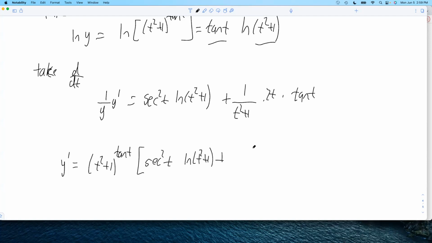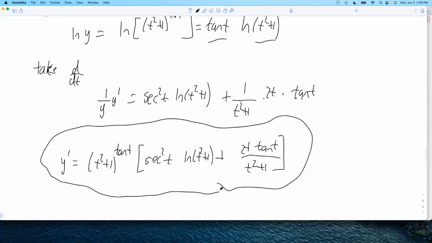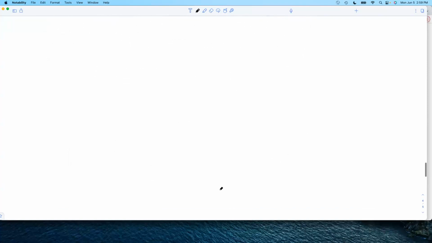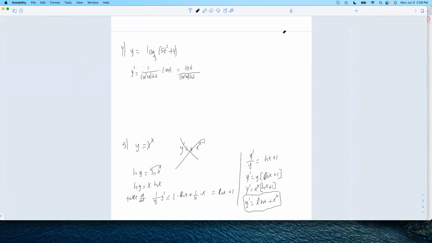Like I can put all this on top of this fraction. And we're done. Nothing you're going to do is going to clean that up anymore. Okay, that's a good place to stop there.